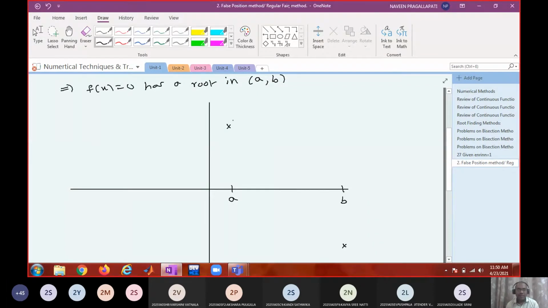So this is a comma f of a, and this is b comma f of b, or shall we call it a1, b1. For the time being, set a1 equal to a and b1 equal to b. This is a1, f of a1, and b1, f of b1.